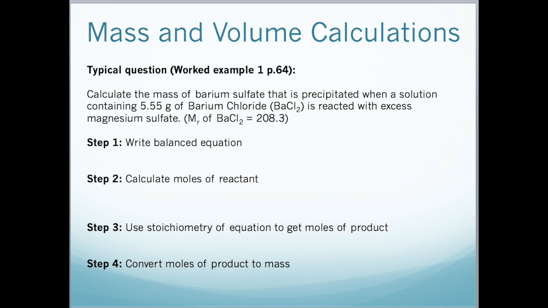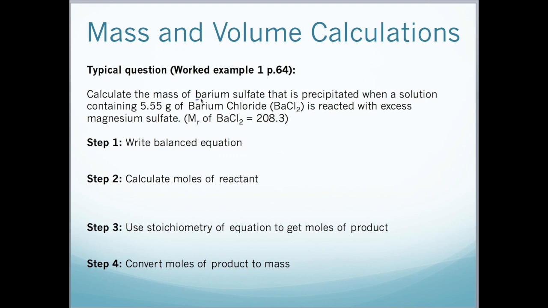A typical question would involve mass-to-mass calculations, asking for the mass of a product that could be obtained from a given mass of one reactant. For example, in this case, we are asked to calculate the mass of barium sulfate. It's always good to underline when you're doing a question.